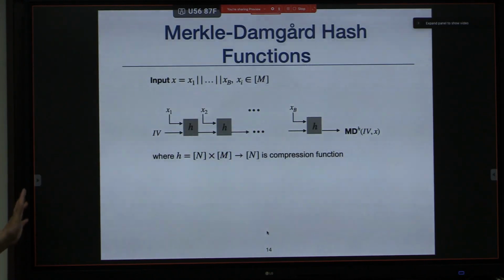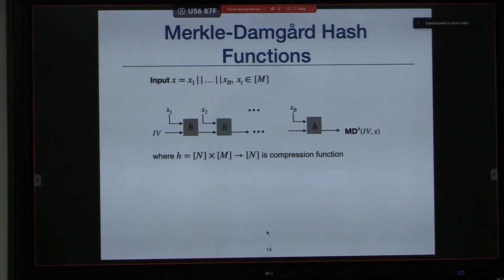Now, in the real world, how would you build these hash functions? One of the most popular constructions is the Merkle-Damgård construction, where you have a compression function. This compression function has a fixed input domain and a fixed output domain. You use this compression function to hash inputs of arbitrary length.